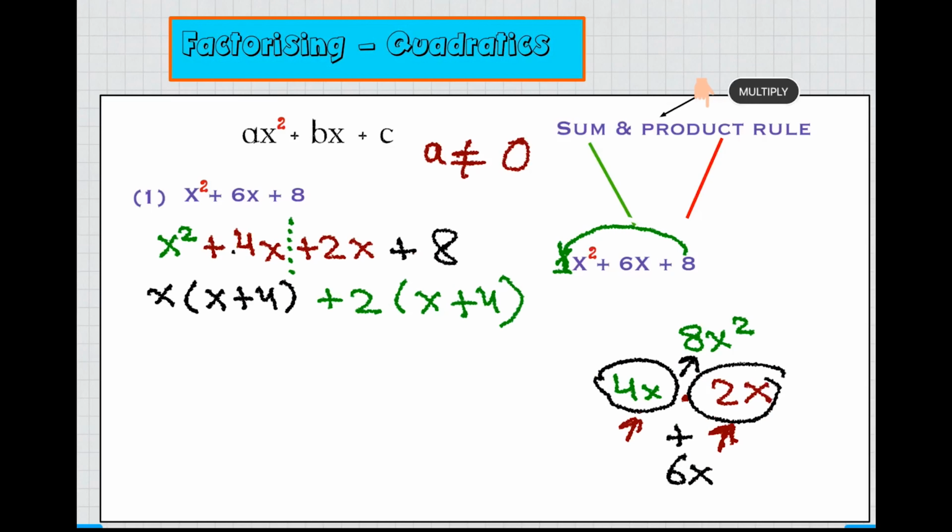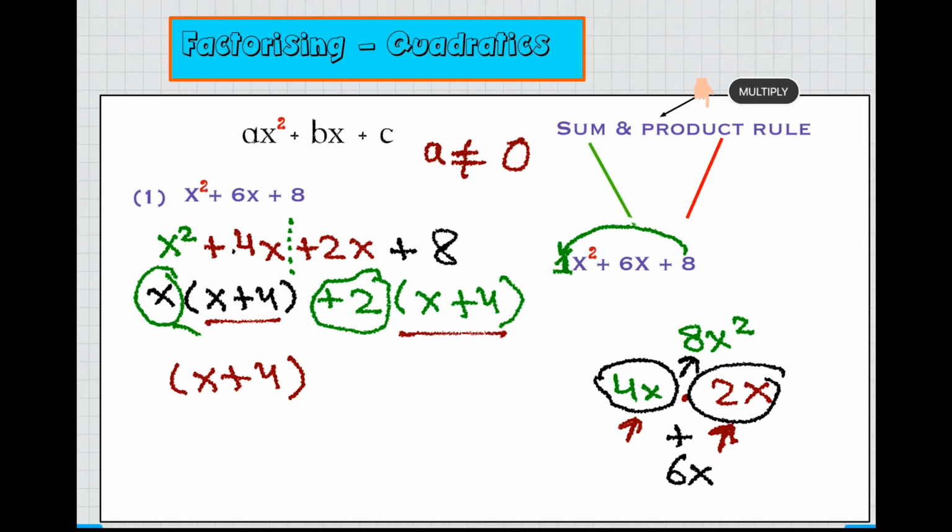The next step would be, now I'm going to write x plus 4 once, and then in the next step I'm going to combine x and this plus 2, these two terms, and we'll combine them, x plus 2, as our answer. So this is how you do factorization of quadratics.